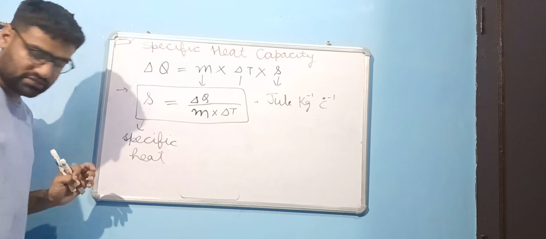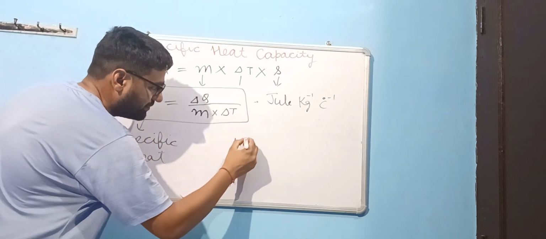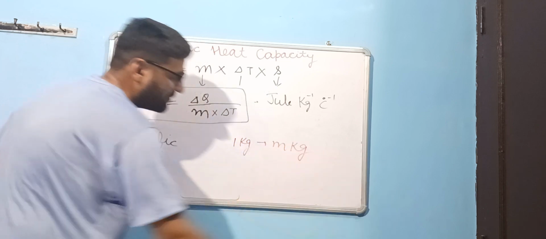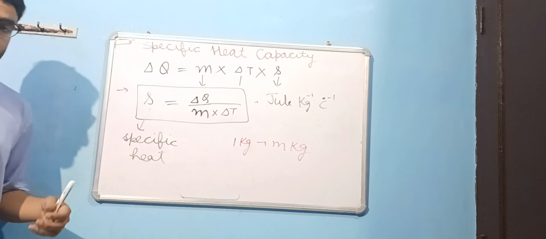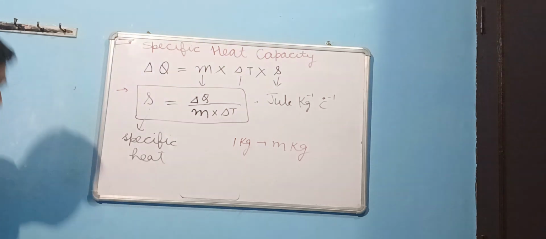When we take m kilogram of mass, instead of taking 1 kilogram of mass, that will be called heat capacity.